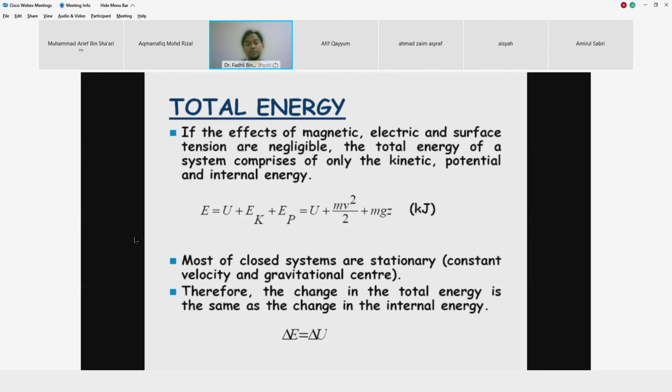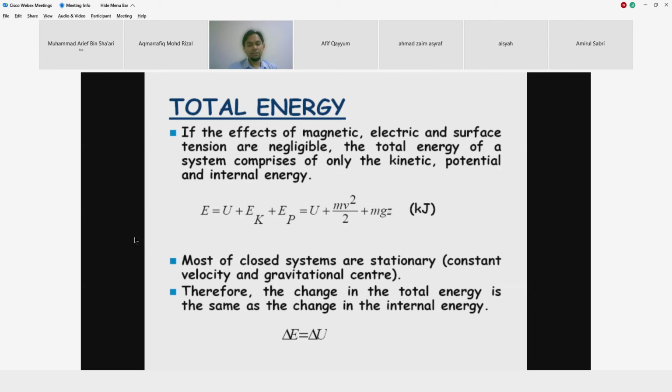For example, it's not real, we don't have a room that is moving, but just as an example. Constant velocity here means either the velocity is 0 or it is moving with constant velocity. And gravitational center means at sea level.